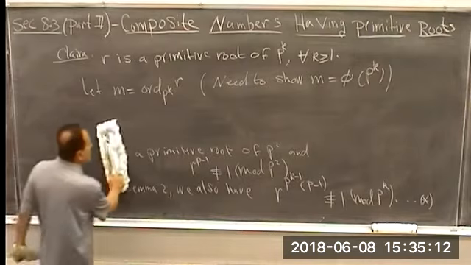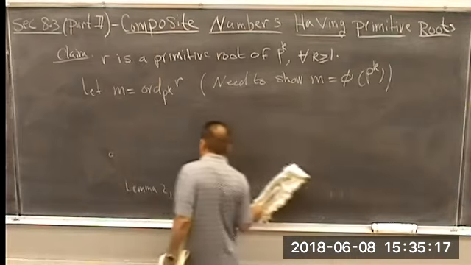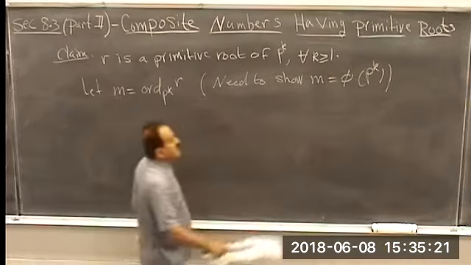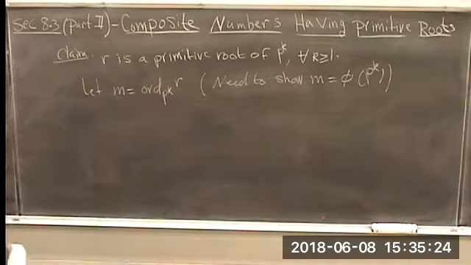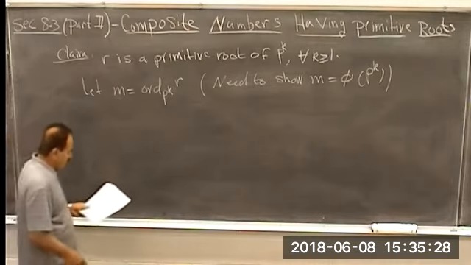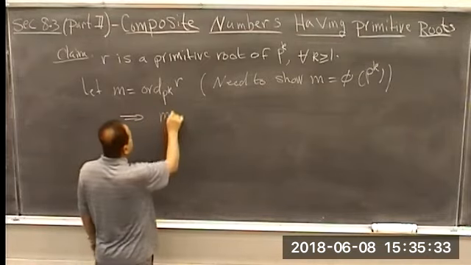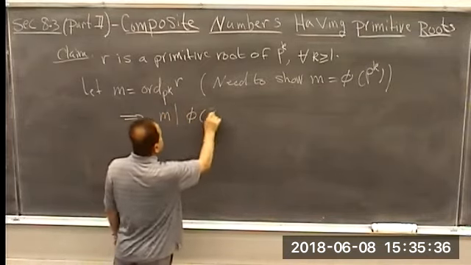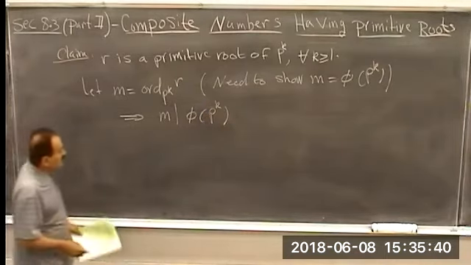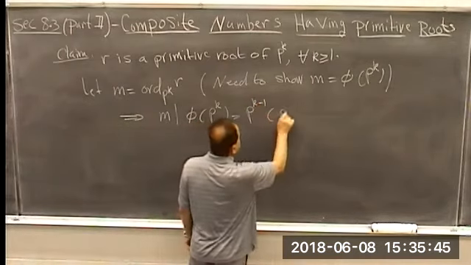Then we know that M divides phi of p to the k. The order is the smallest exponent that makes the congruence congruent to 1. So this implies that M divides p to the k minus 1 times p minus 1, which is equal to phi of p to the k.